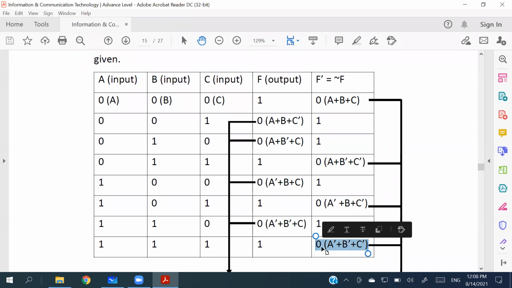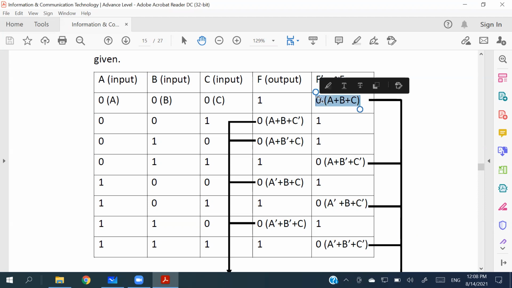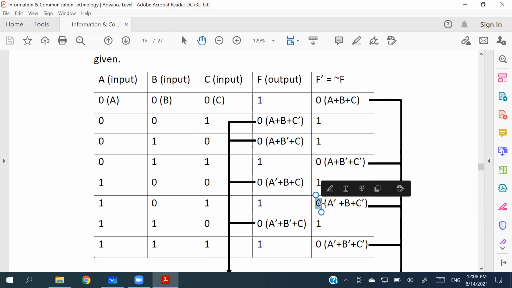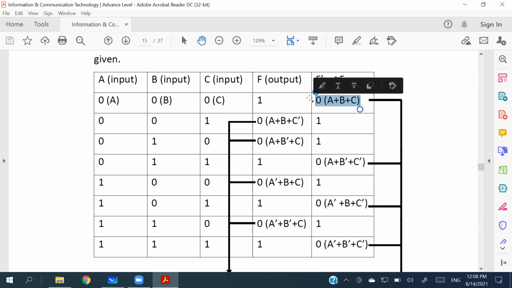And again, we are writing the POS for the F bar. Still, the rules go the same way as they apply to a POS. So we consider the zeros, and we know in here, 0 indicates A, 1 indicates A bar. So the corresponding combination for this 0 is 0, 0, and 0.